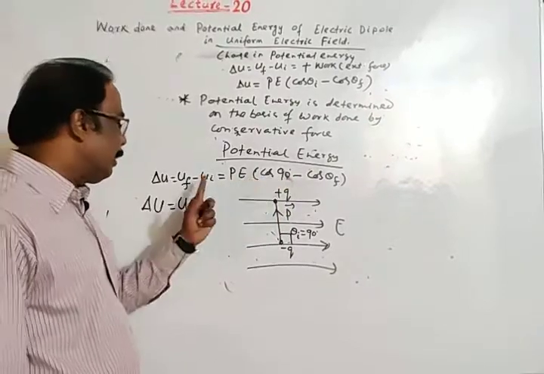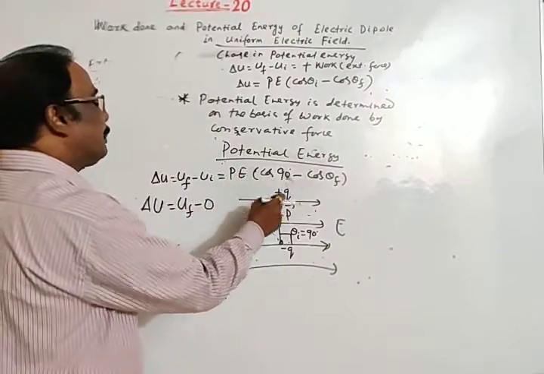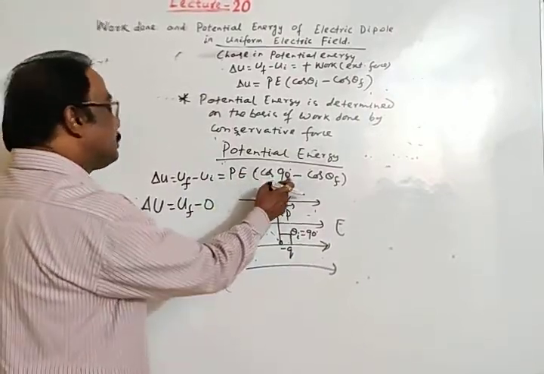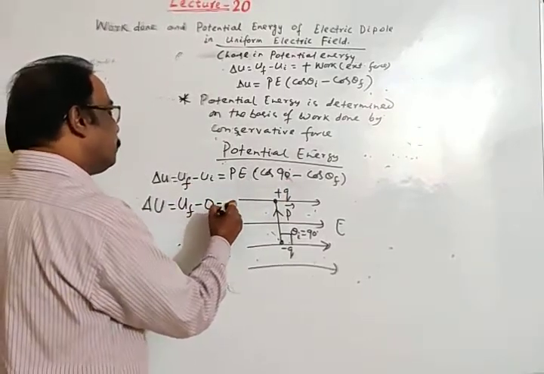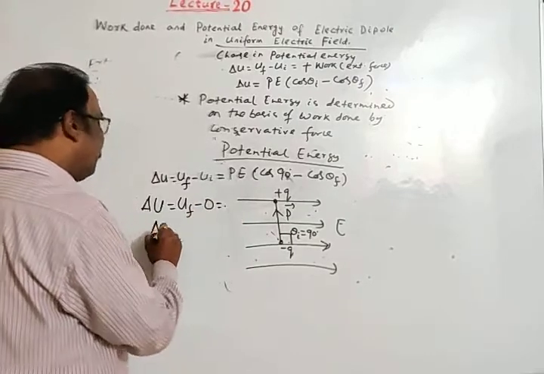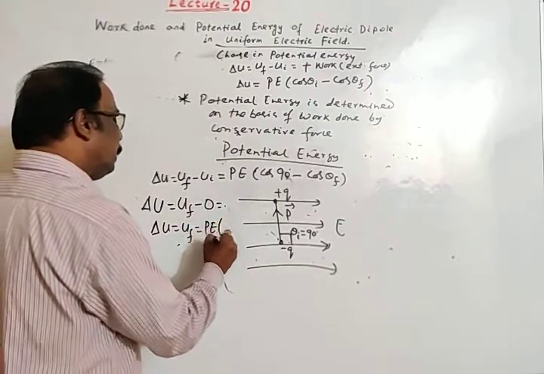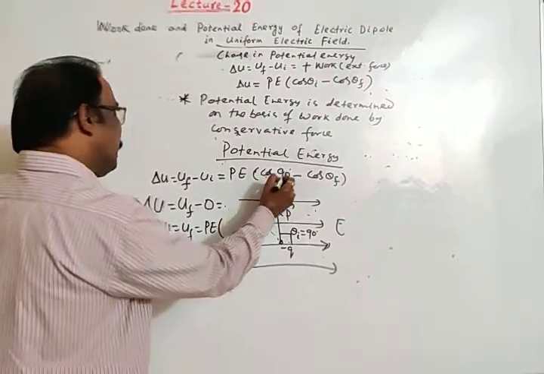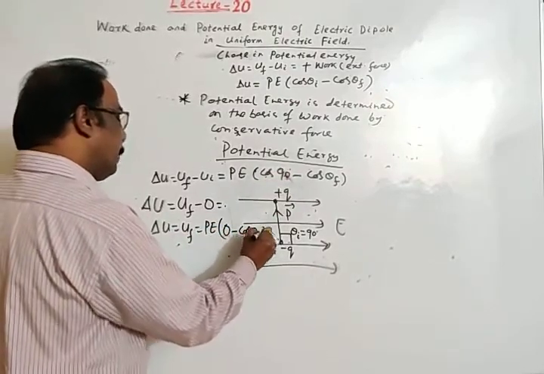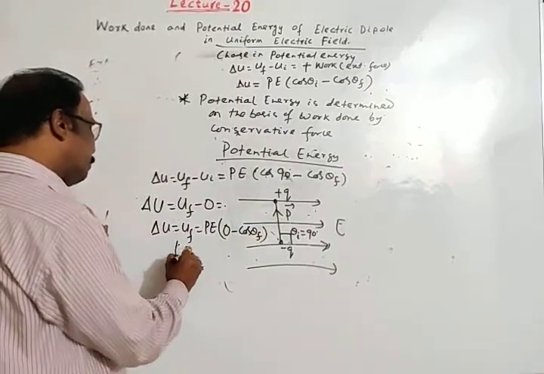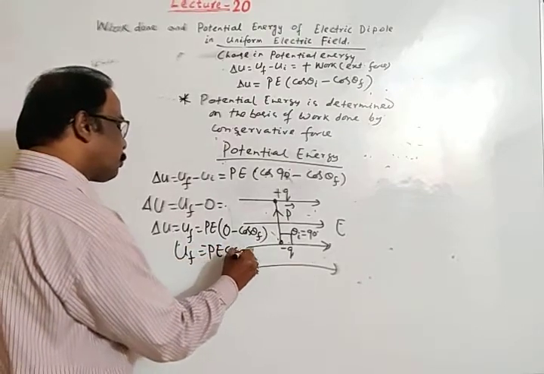For the initial position, cos 90 is 0. So delta U is PE into cos 90, which is 0, minus cos theta final. So the potential energy U final is equal to minus P cos theta final.